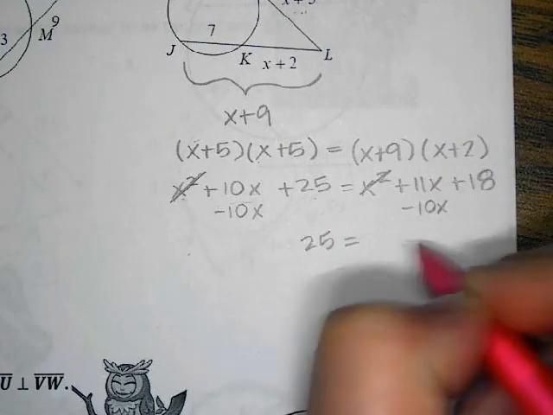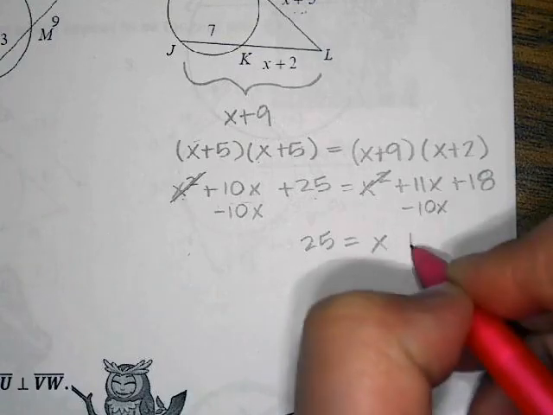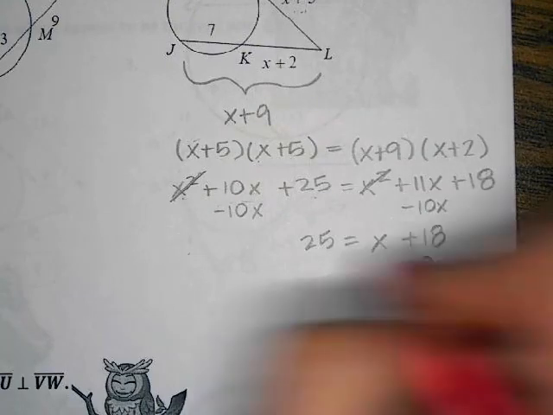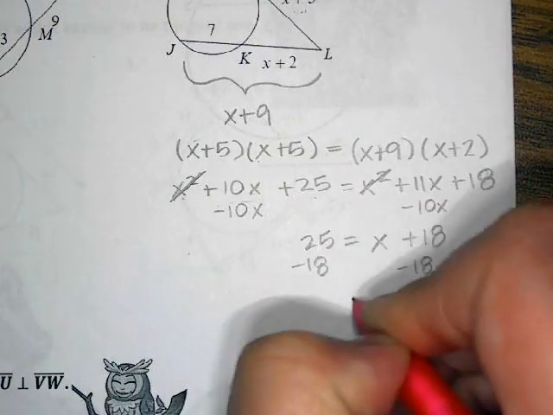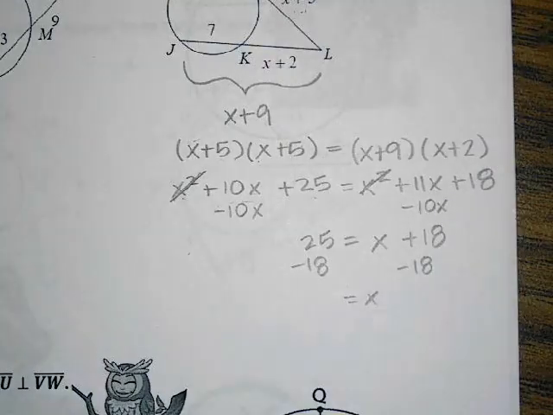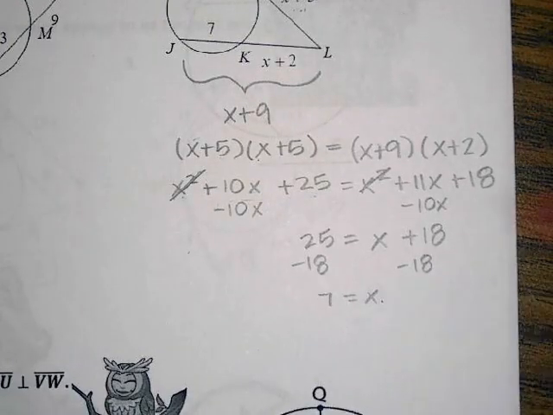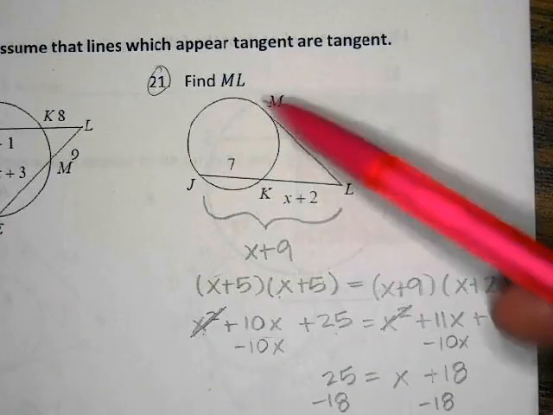Okay. And 25 minus 18 is 7. Okay. Now this is not our final answer because the original instructions said to find ML. And ML is 7 plus 5, so ML is 12.